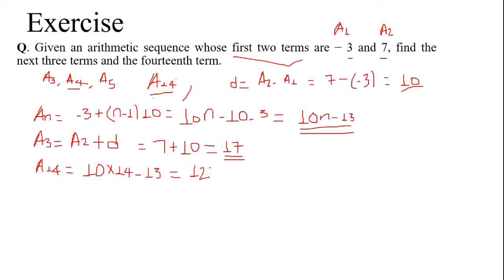So you have to keep in mind, for such type of question, first you have to identify the first term and the common difference D. If you have these two, you can obtain the general formula for any arithmetic sequence.